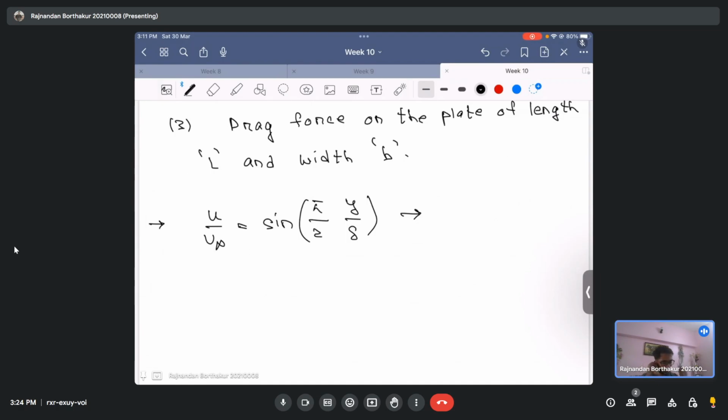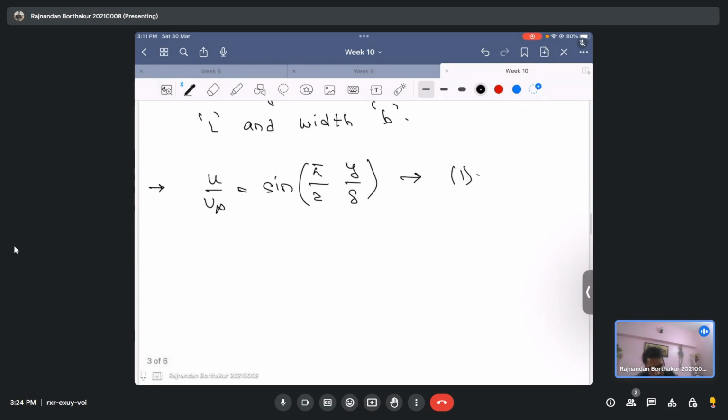Sorry for the interruption. So I was saying that the velocity profile u by u infinity is given to us, which is a sinusoidal function. This means u by u infinity follows this sine function of pi by 2 into y by delta when y varies from 0 to delta.